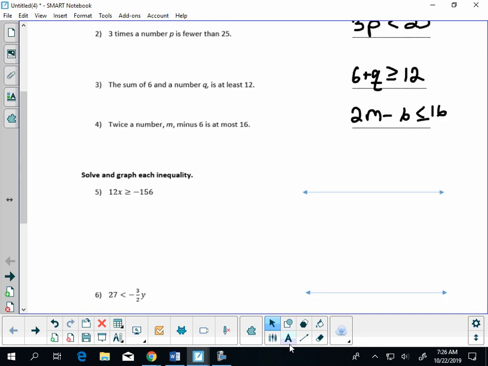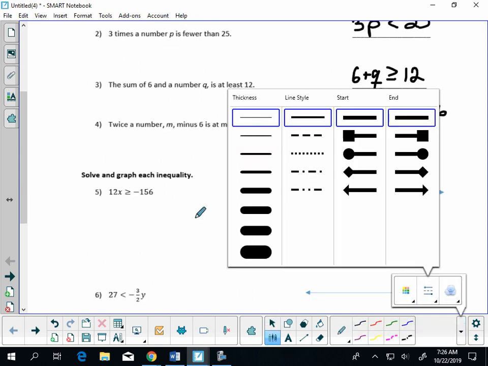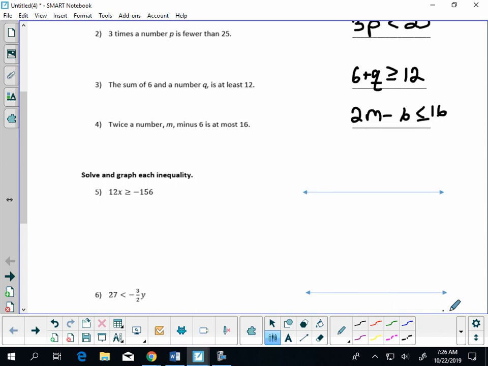All right, let's go ahead and solve some of these. So on the first one, you are going to divide by 12. And you get x is greater than or equal to, I know it's going to be a negative, 156 divided by 12, I believe, is 13.